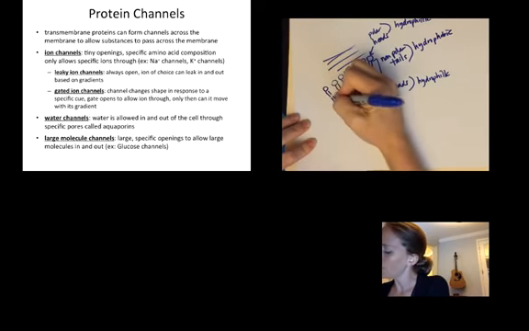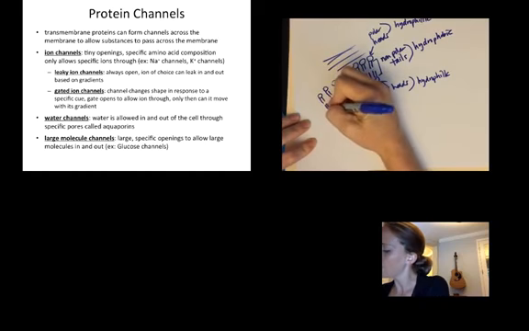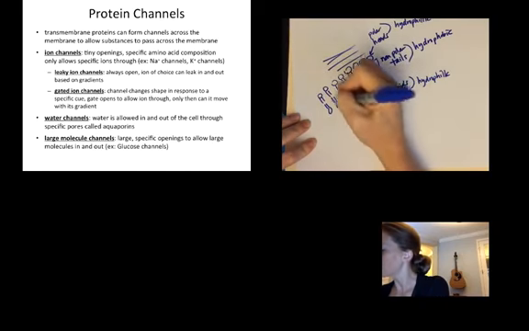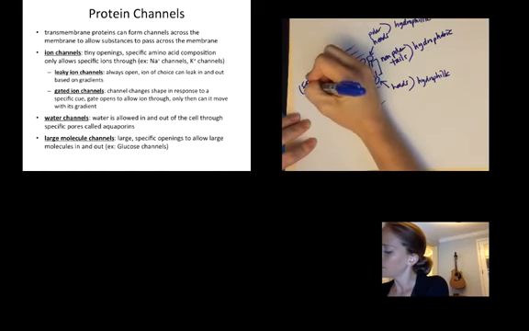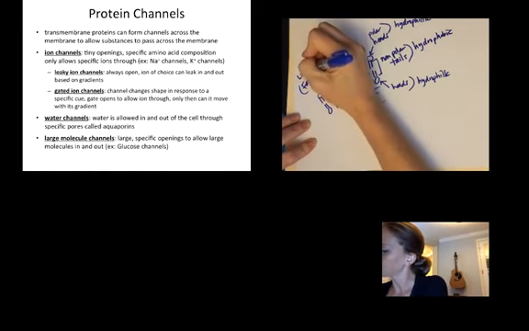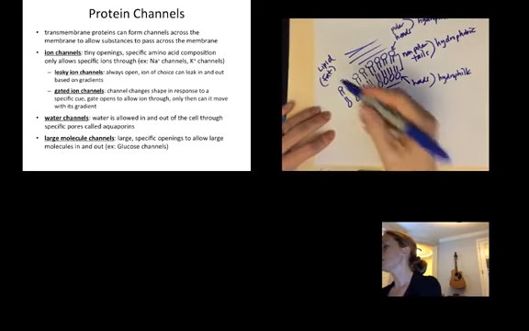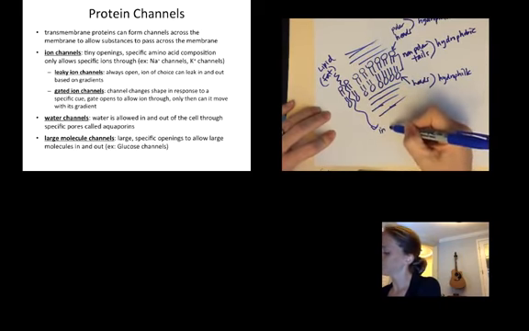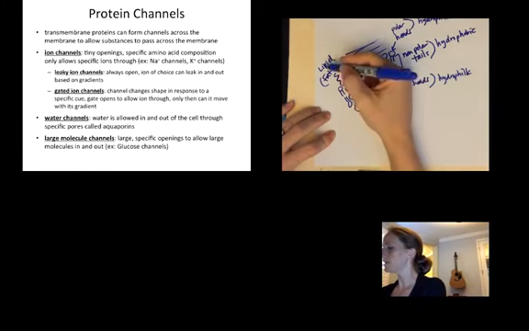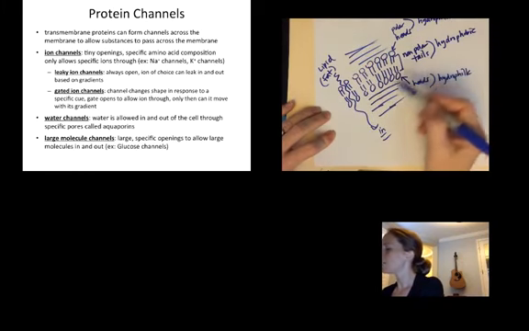So if you have a molecule that is a hydrophobic molecule, like a fat, here's our fat, or a lipid, then this molecule can get inside the cell no problem, because it can get across the hydrophobic region.